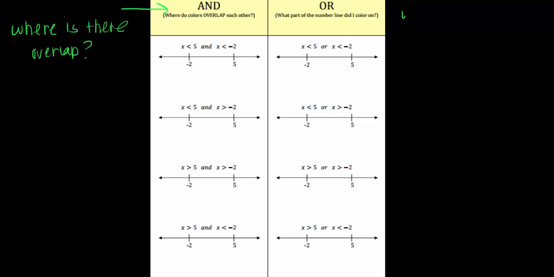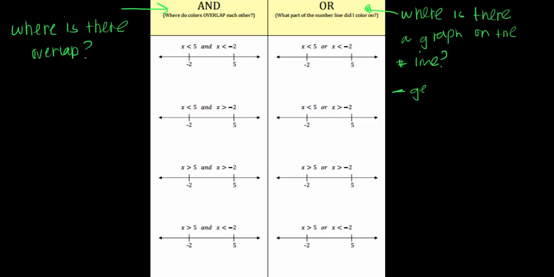For or, I say, where is there a graph on the number line? And basically, if we're saying where is there a graph on the number line, I get rid of blank space on the number line.